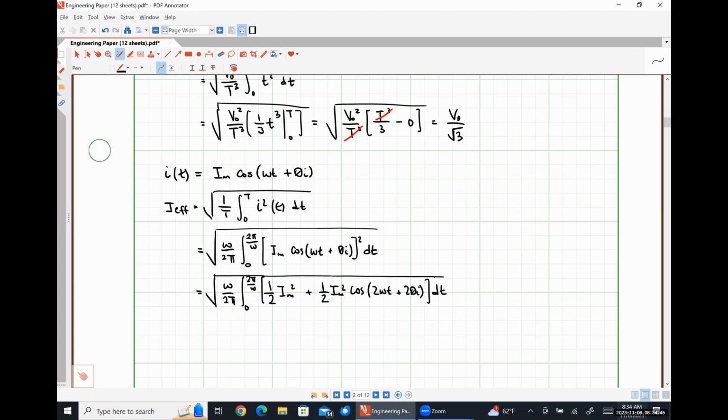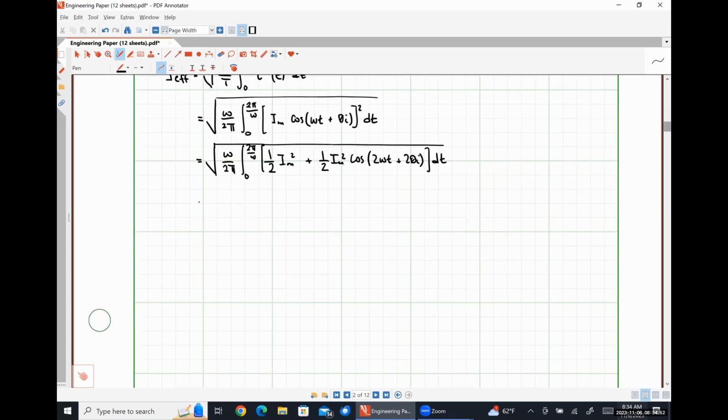I'm going to break this integral up into 2 parts to make it a little easier to deal with. So we're going to have this omega over 2 pi. Our first integral is the integral from 0 to 2 pi over omega of just 1/2 Im squared dt.